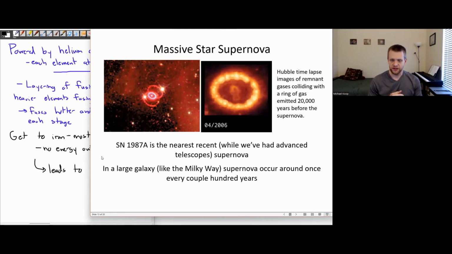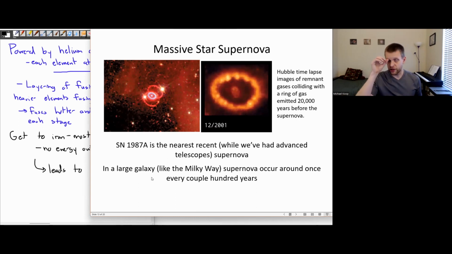In large galaxies like the Milky Way galaxy, we expect these supernovas to happen every 100 years or every couple hundred years. We're actually overdue for one occurring in the Milky Way galaxy. A little bit overdue, just based on how often these occur.